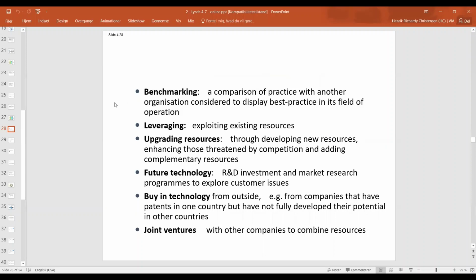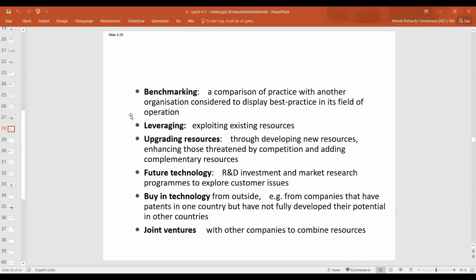Benchmarking is about comparing our business to the best of other businesses. It doesn't have to be competitors, because if we compare to our best competitor, we will never be better than our best competitor. And sometimes we would like to be better than our best competitor. So benchmarking is about comparing to others that are better within a specific area.